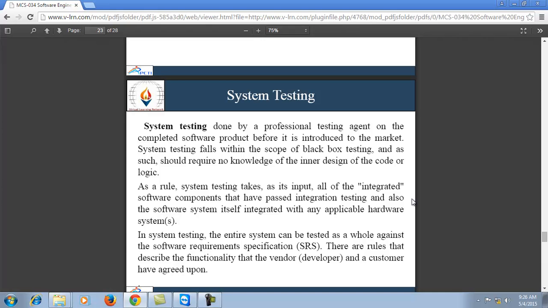So in system testing, basically the entire system is tested as a whole against the SRS, that is the software requirement specification document. There are rules that describe the functionality that the vendor and a customer have agreed upon. Right?